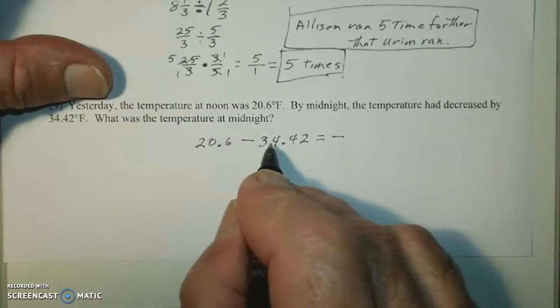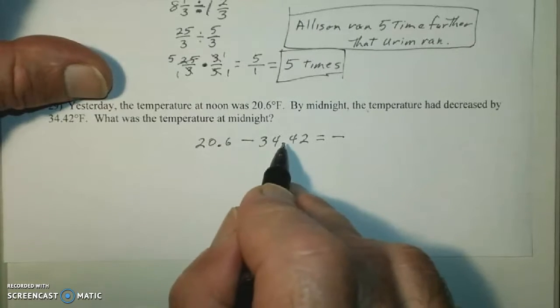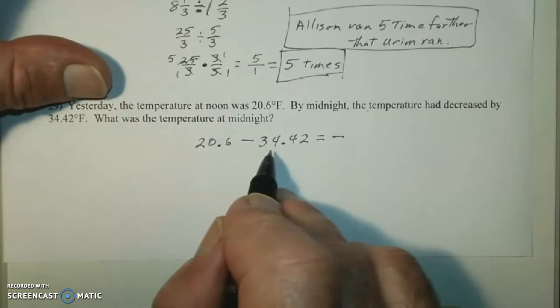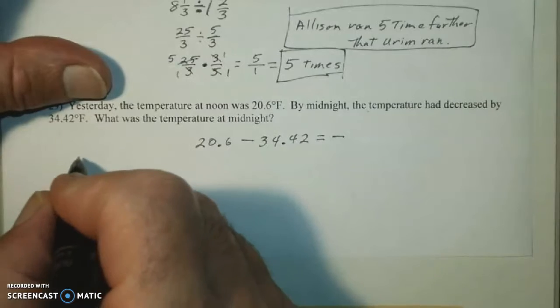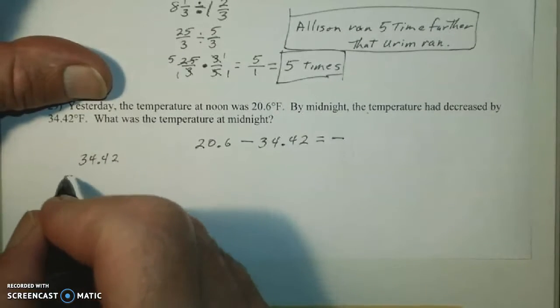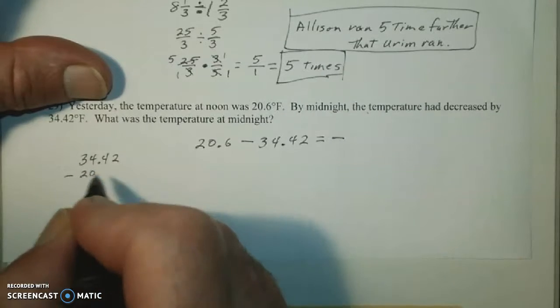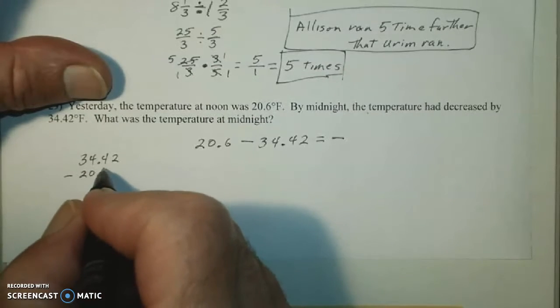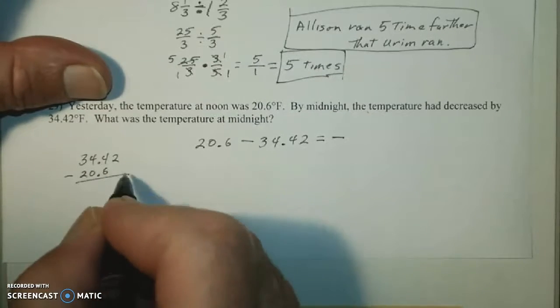So think of that first, because now to do the math, put the bigger number on top. So 34 42/100 goes on top. You need to take away the other number. Even though it doesn't have the minus sign, it goes on the bottom.